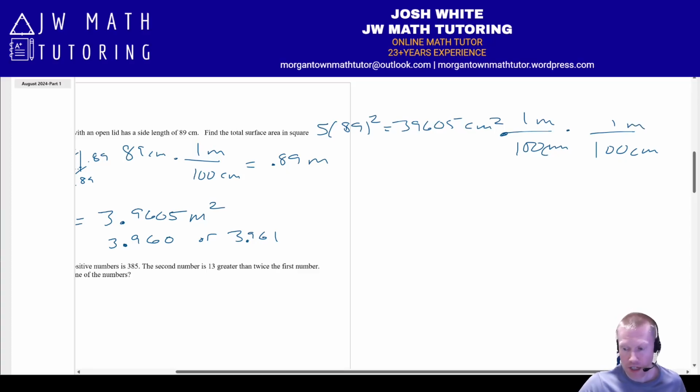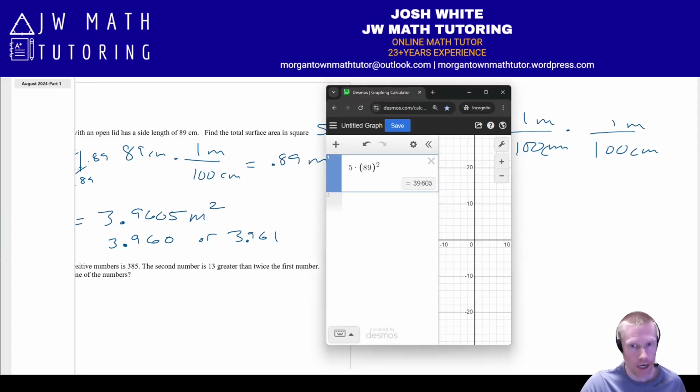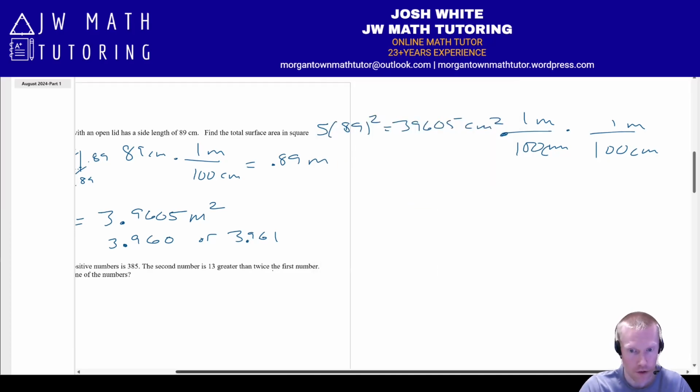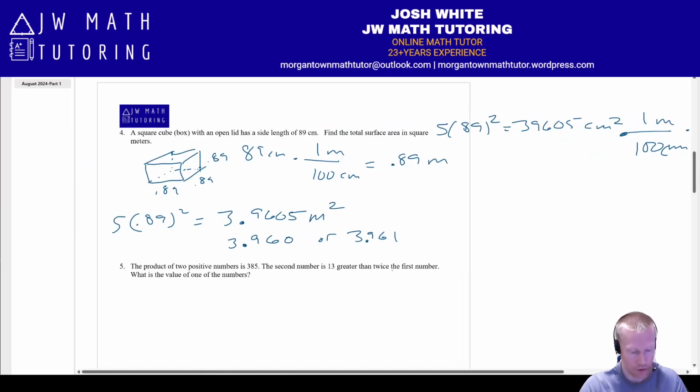So basically, you take that number, you divide it by 100 squared, and notice we get the same answer, 3.9605. Okay, so that's how you could get it, basically doing the conversion after you calculate the area. So you can do the conversion beforehand, centimeters to meters, or you can do it afterwards. Doesn't matter, but make sure you do it properly for whichever approach you take.